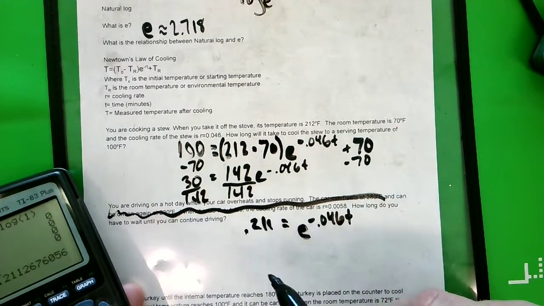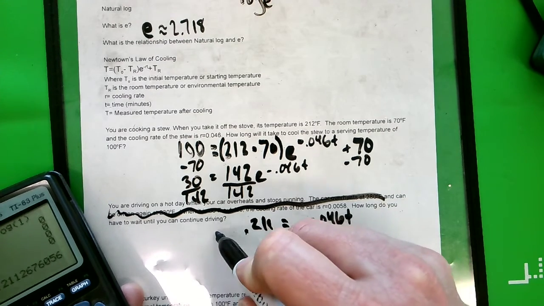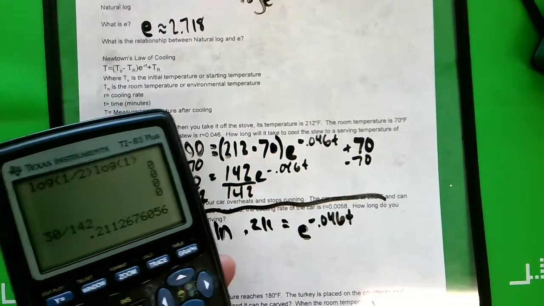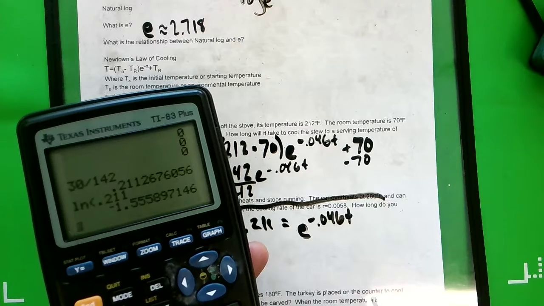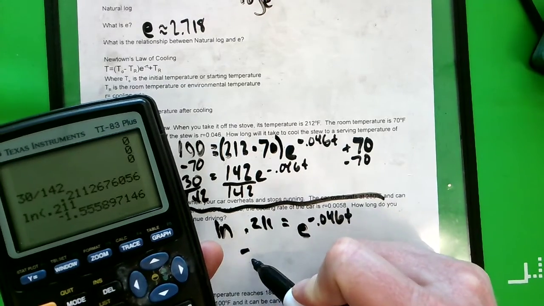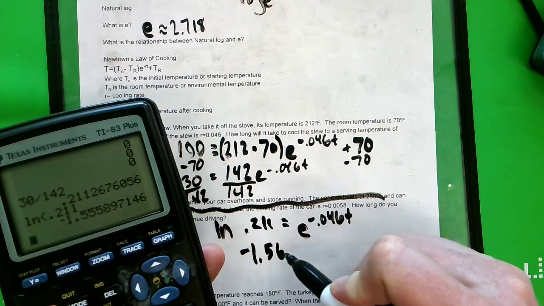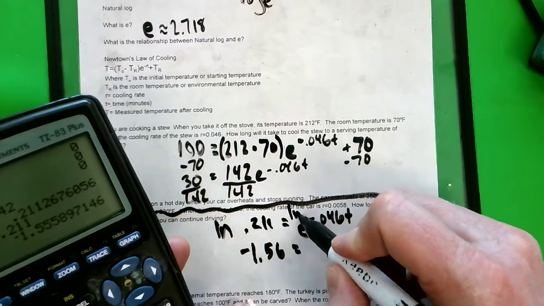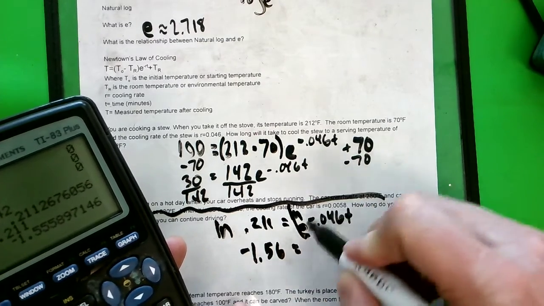All right, so here's where this move that we have to do comes in. We have to take the natural log of both sides. So we're going to take the natural log of 0.211, which is negative 1.56. And that equals, if we take the natural log of this side, that cancels out that e and brings this exponent down.